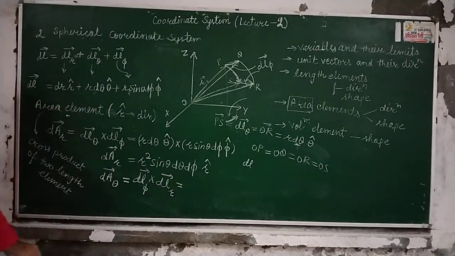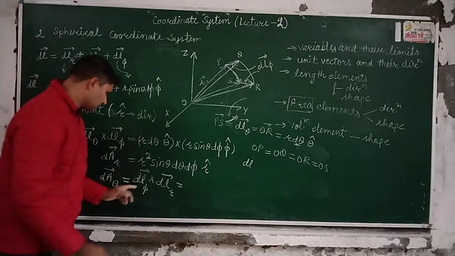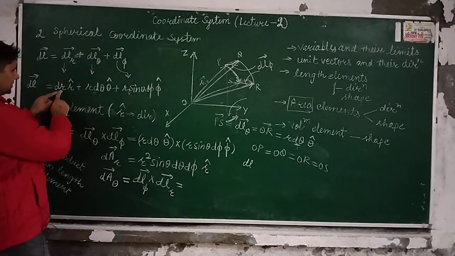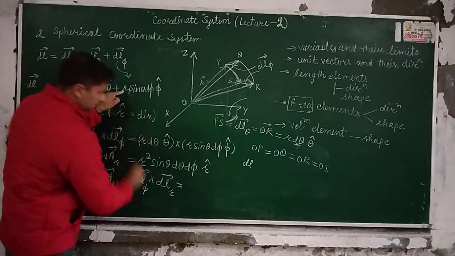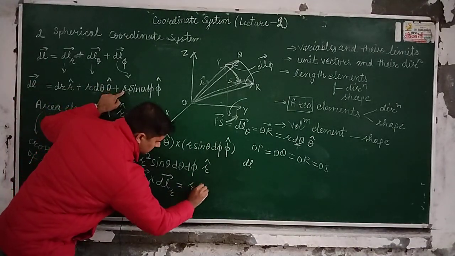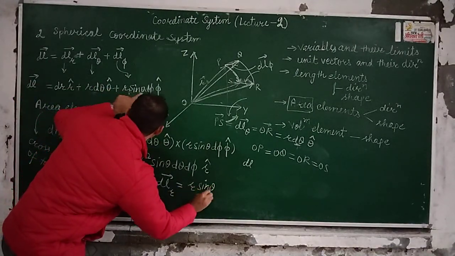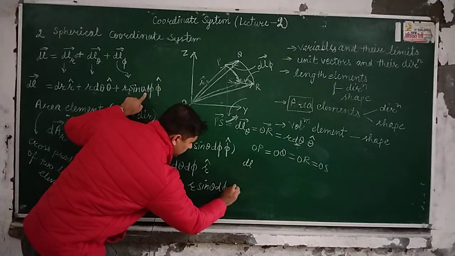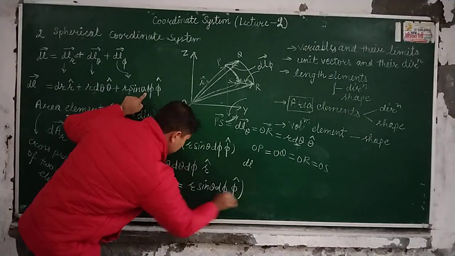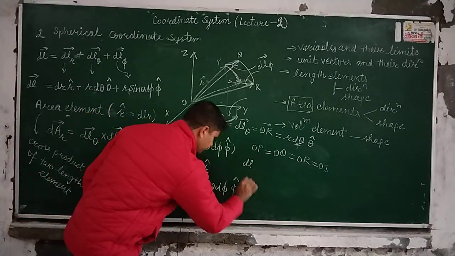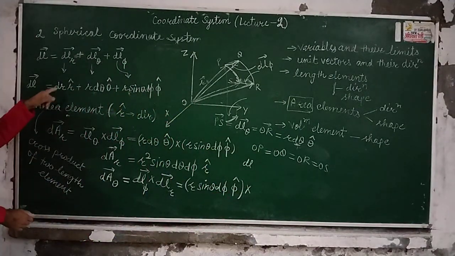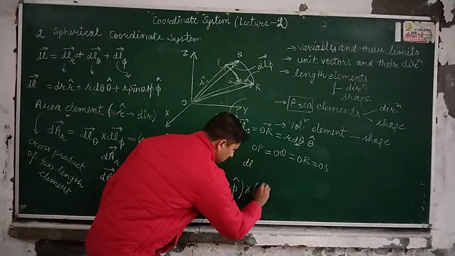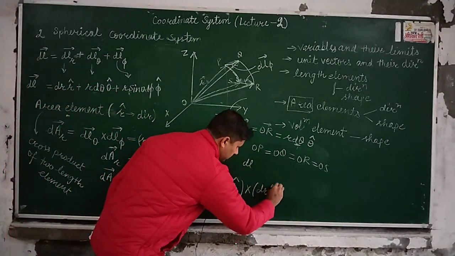Okay, so if you substitute the value of the length elements, then this is r sine theta d phi, and then you have phi cap, and you take the cross product of it with dl r, that is dr r cap. So here we have dr and r cap.